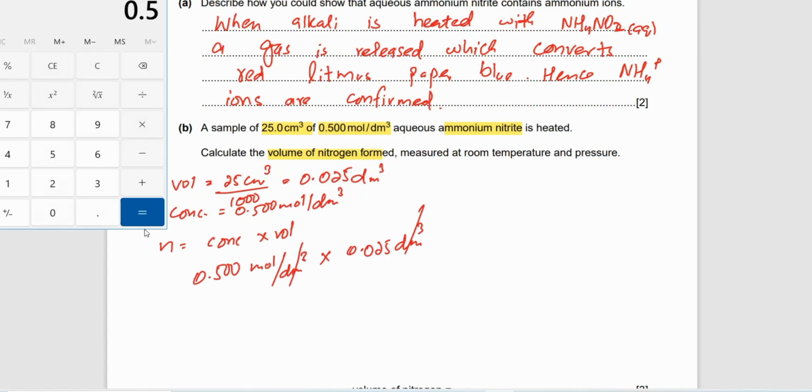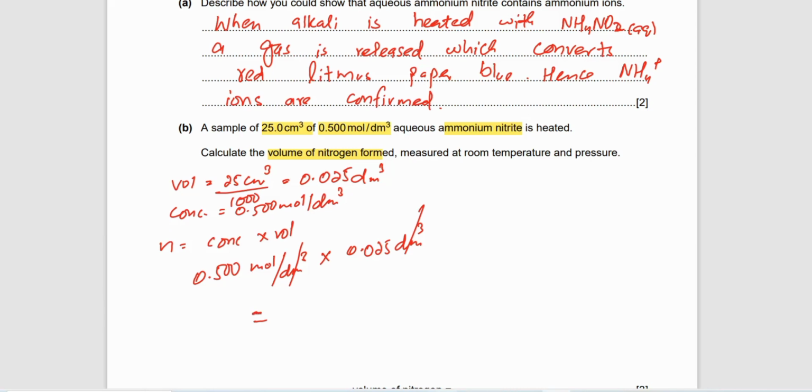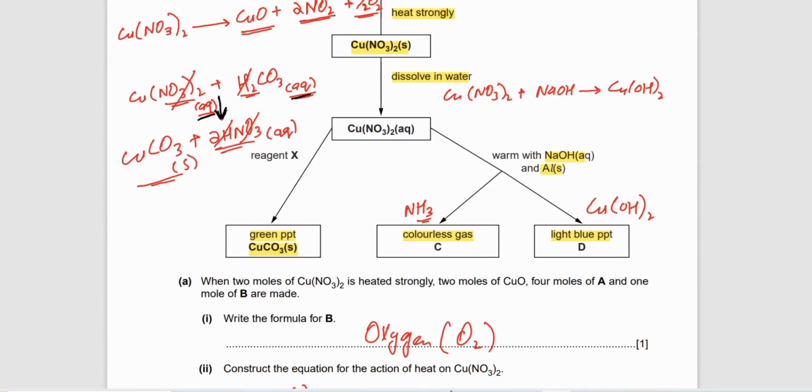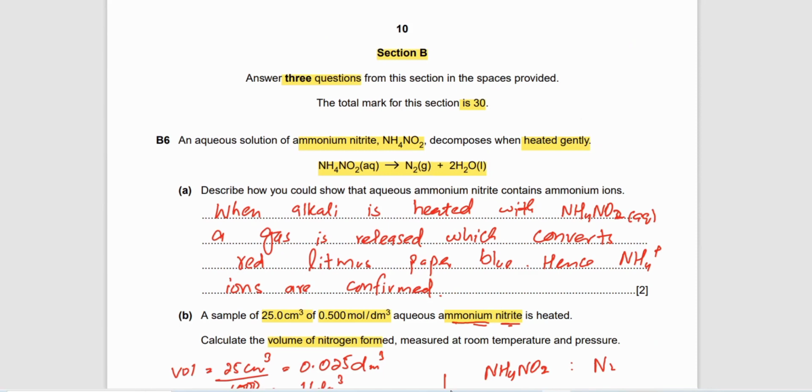0.500 multiplied by 0.025. Am I right? Hopefully. So 0.0125 is the number of moles of the ammonium nitrite. We have to compare ammonium nitrite, NH4NO2, and N2. I can see over here the ratio between them is 1:1.